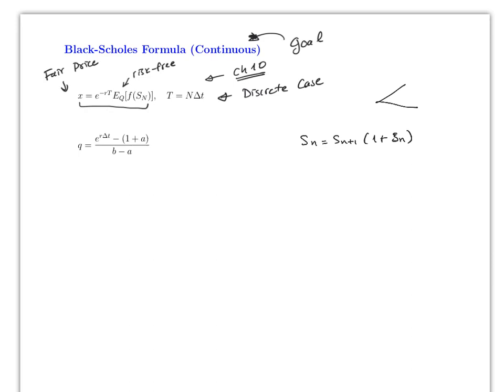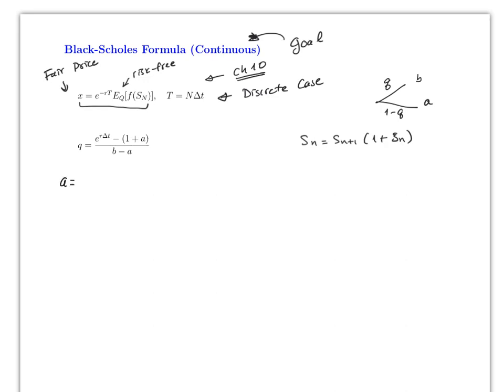And now here Q will be the probability that it goes up, and 1 minus Q will be the probability that it goes down. So again, the goal is going to be to derive a Black-Scholes formula for continuous time.